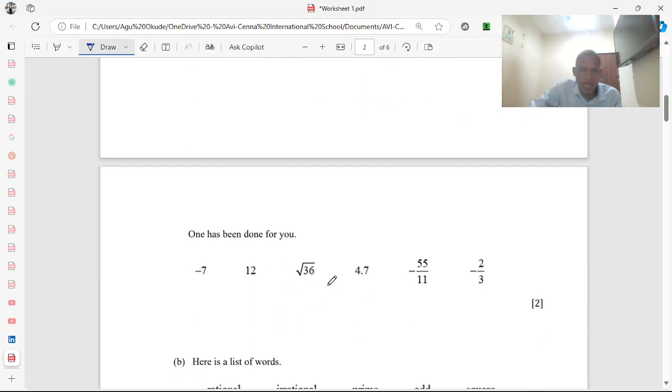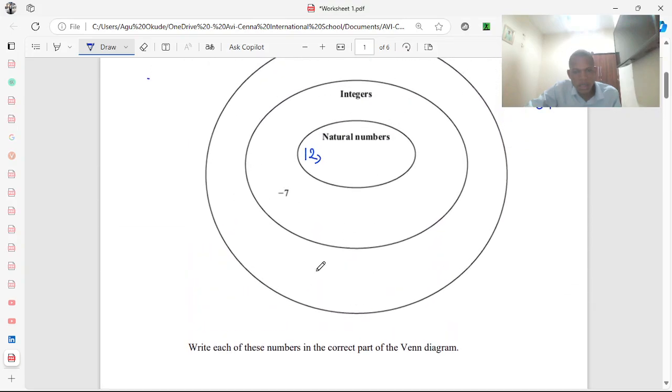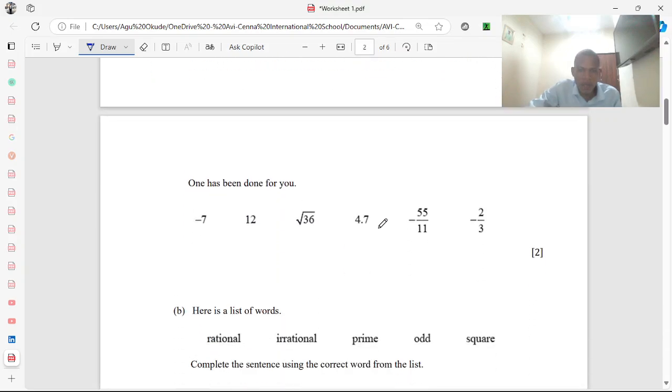Next one, I have the square root of 36. The square root of 36 is 6, and 6 is natural, so it comes here. Then the next one, I have 4.7.